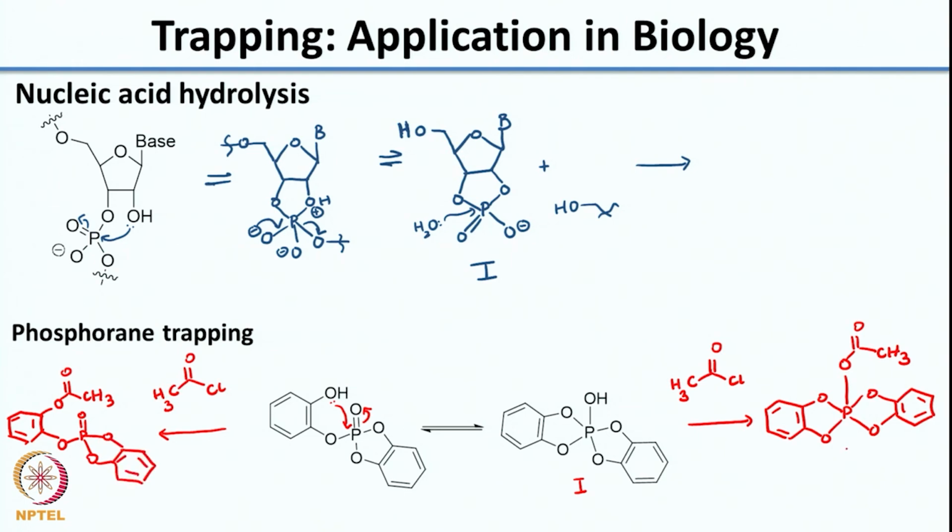The fact that this product, I will call this P1, could be isolated indicated formation of the intermediate I. So, this is a very simple method by which one can indirectly show formation of the intermediate I by trapping it as the acetyl adduct.